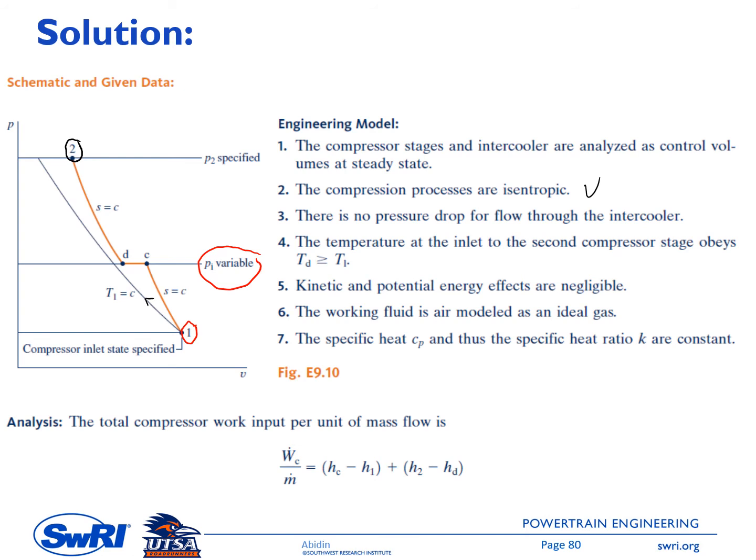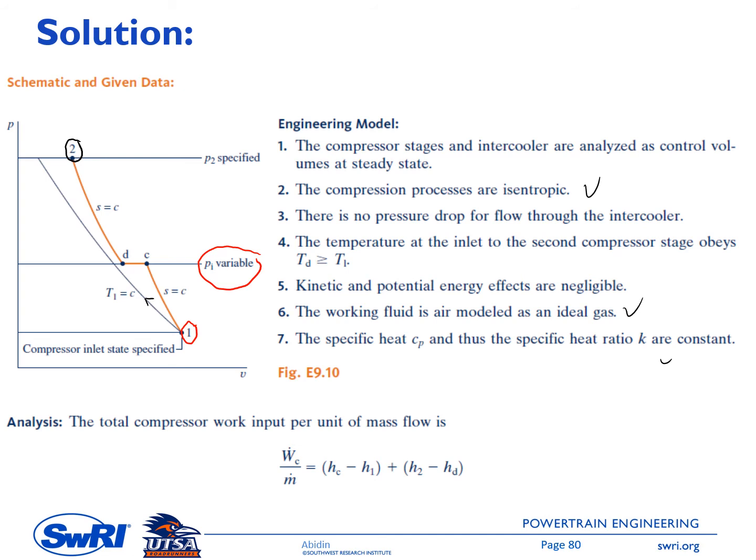Okay. And then number 5, we can ignore the effect of kinetic and potential energy, and the working fluid is air and can be modeled as an ideal gas. And then assumption number 7 here is that the specific heat Cp, and thus the specific heat ratio, are constant.